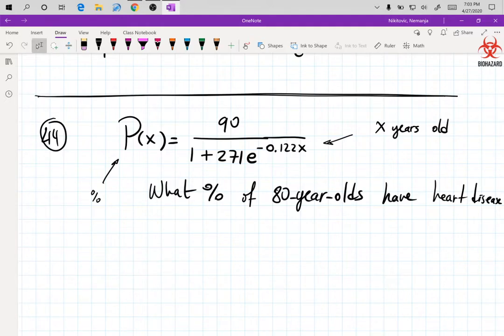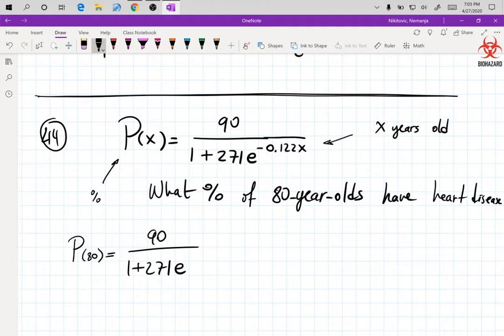All right. So we just need to stick in 80. And that's it. x is the age. So the percentage for 80-year-olds is simply 90 divided by 1 plus 271e to the negative 0.122 times 80.